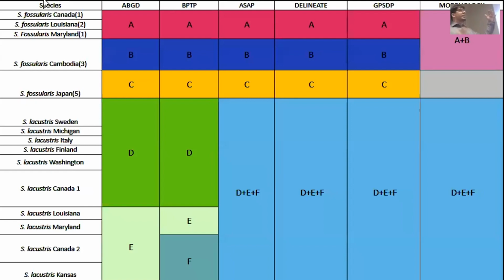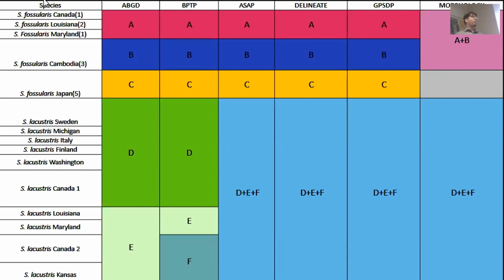So this is just a nice chart to convey all the species limitations that we did, the changes between how many Fossolaris.